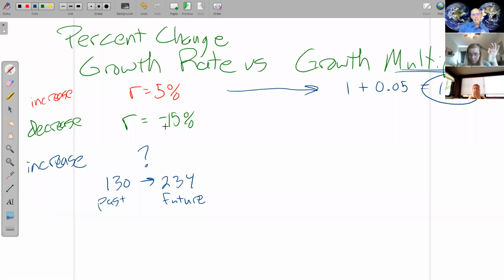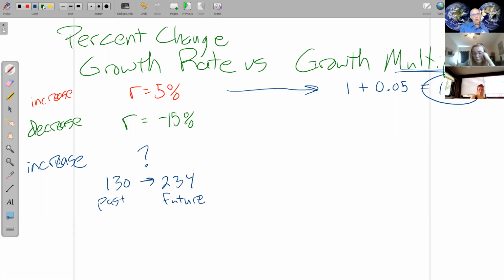It could be instead I have a decrease. Like a few years ago, I saved up a bunch of money and I bought a new car. I got a Subaru Outback and it's awesome. However, every year it's worth less than it was before. So let's say that my car every year is worth 15% less than it was the year before. Okay, so that would be a decreasing rate. So it's a negative rate because I'm losing money on my car.